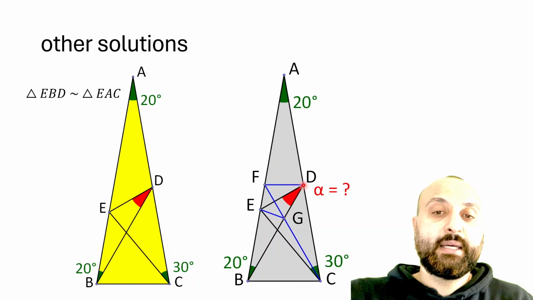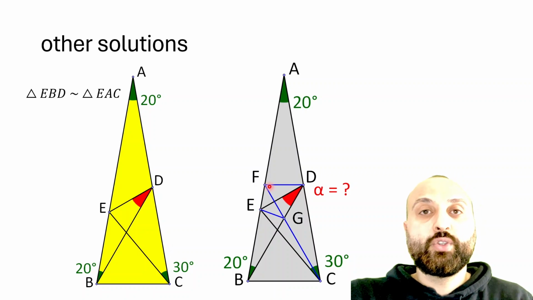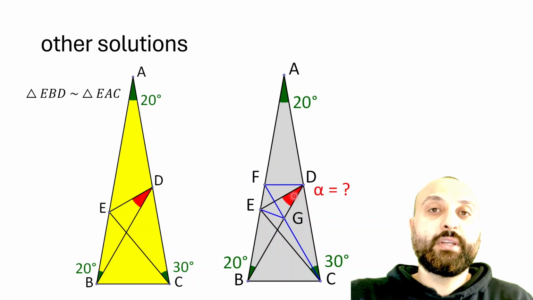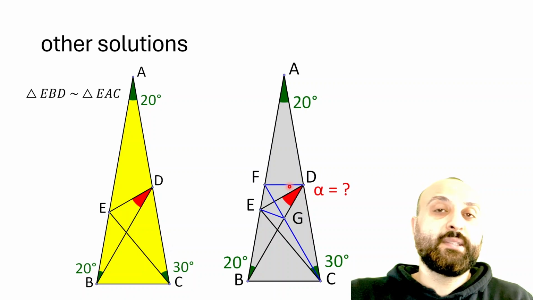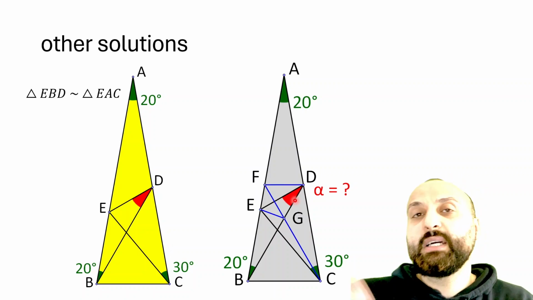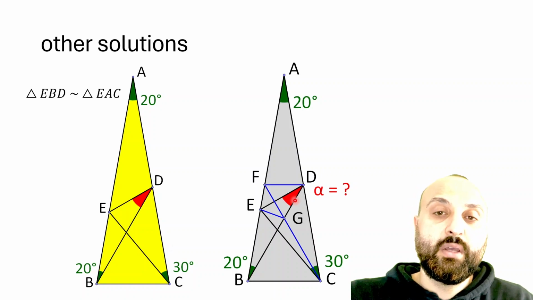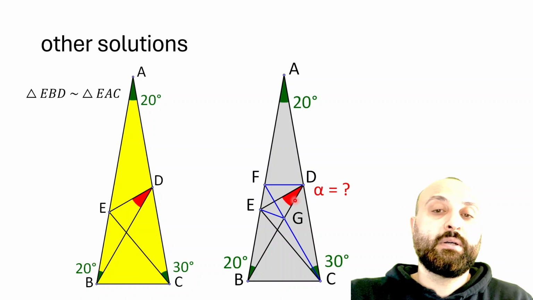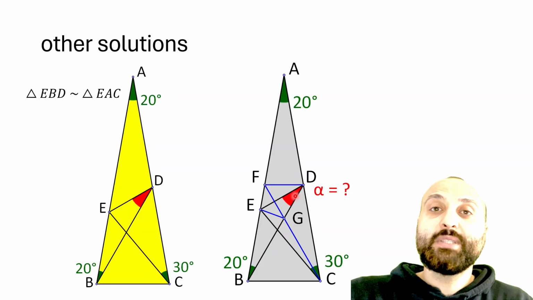And after that, try to show EDG is congruent to EDF. And if you show that, that means these two angles are equal because total of them is 60. Half of it will be 30 degrees. This is another solution. There are actually several more solutions that you can show, the angle alpha is equal to 30 degrees. All right, so this is the end of the video.